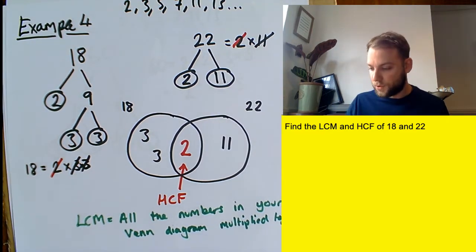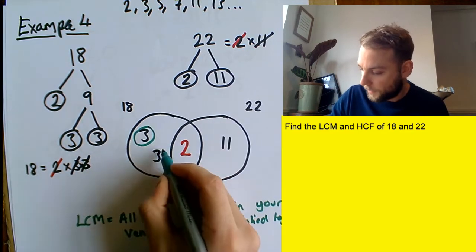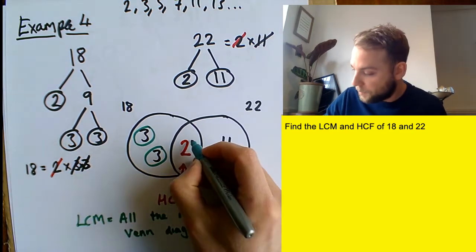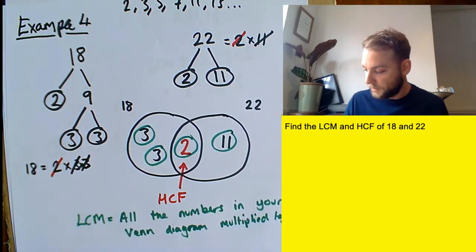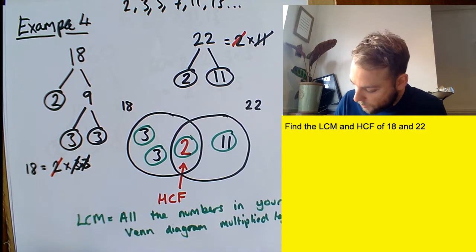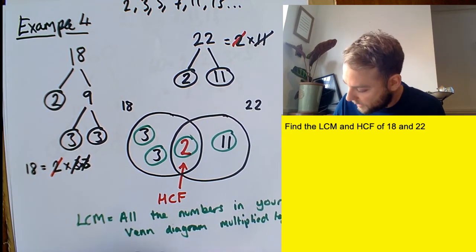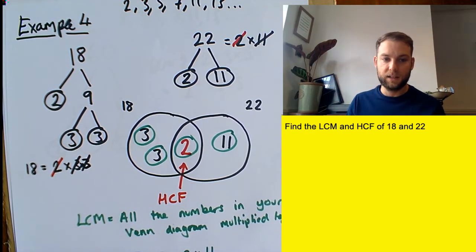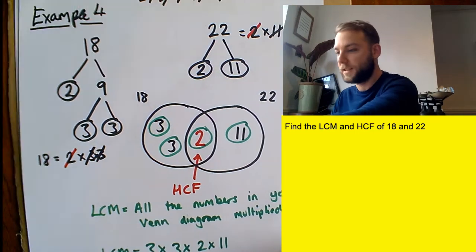So it's going to be 3 times 3, times the 2 as well, times 11. So the lowest common multiple is equal to 3 times 3 times 2 times 11. 3 times 3 is 9.